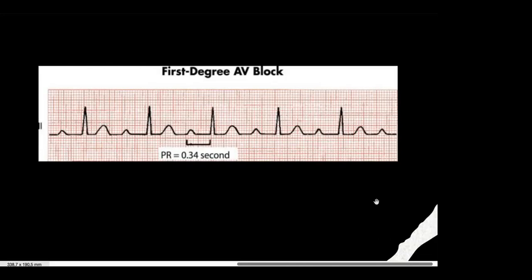You just leave it like that. If there is any medication that causes this kind of block, like we earlier discussed, such as a beta blocker, or medication that increases the parasympathetic tone, you might want to reduce the doses or just leave out the medication. Next.